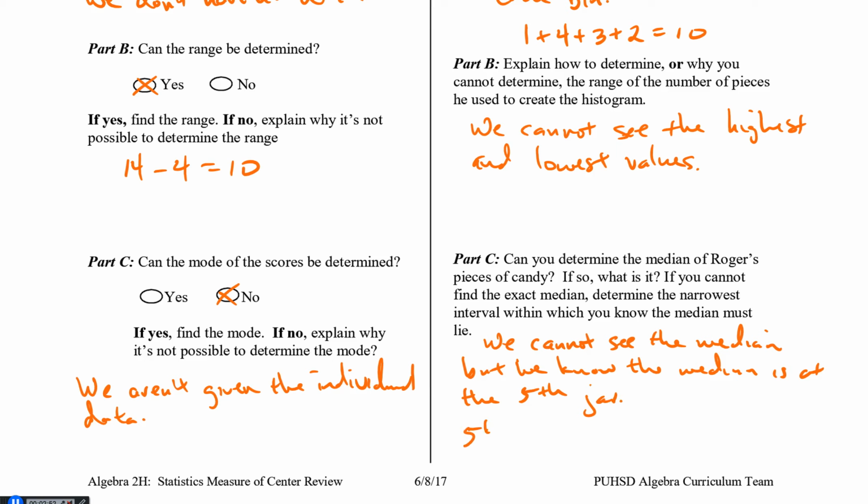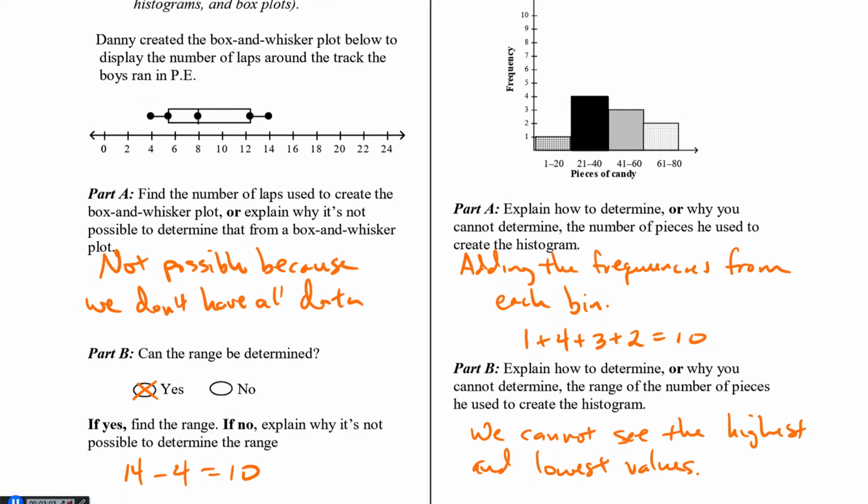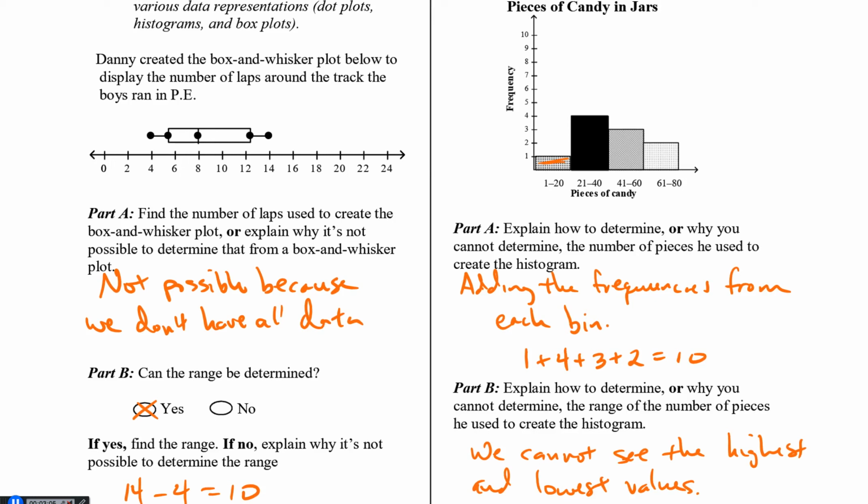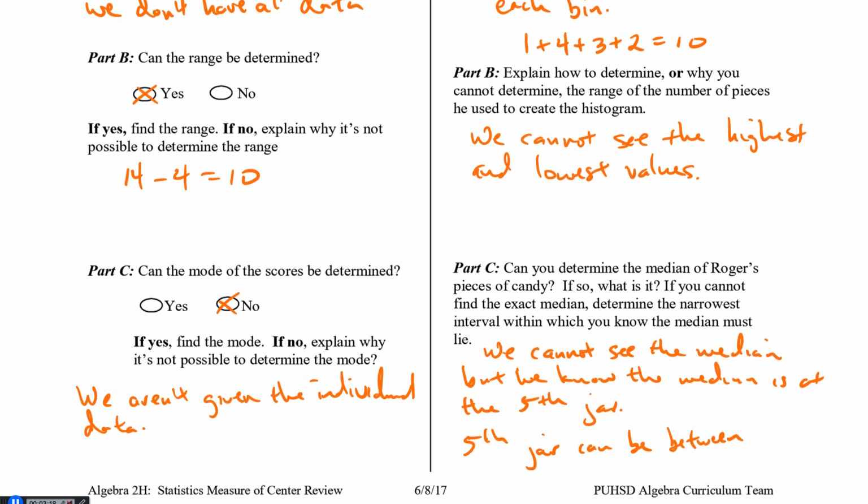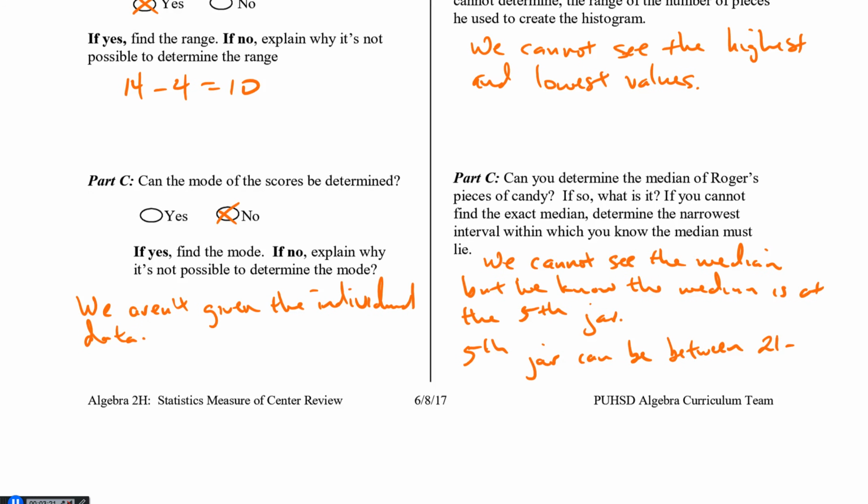So the 5th jar can be anywhere from, if we look for the 5th jar from the left hand side, we have 1 plus 4, so the 5th jar could be in here. Or if we go from the right hand side, we have 2 plus another 3, so the 5th jar could be in here. So the closest range we can get is those 2 pieces right there. So the 5th jar can be between 21 and 60 pieces of candy.